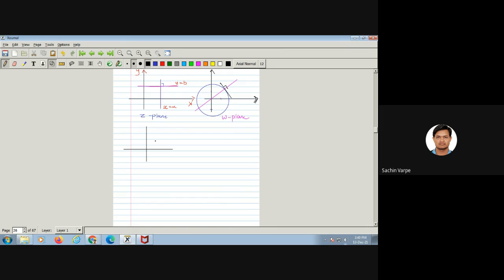If we represent combinedly, all the vertical straight lines are getting mapped to the concentric circles, right? And all the straight lines parallel to the x-axis are getting mapped to the radial lines like this, which are passing through the origin.